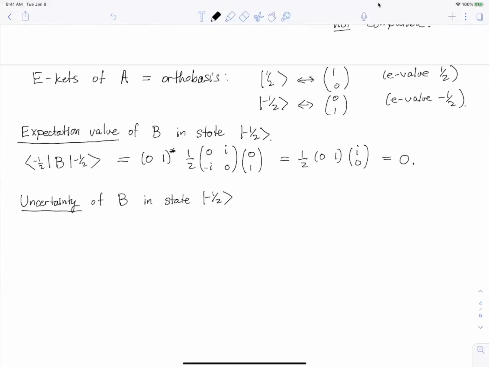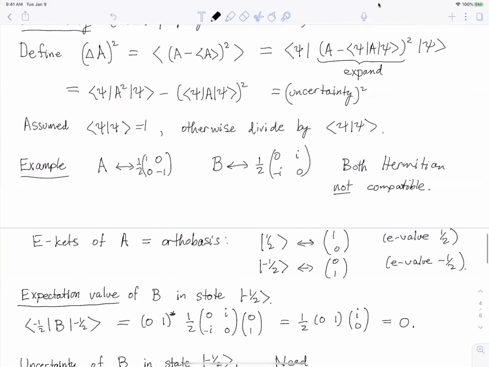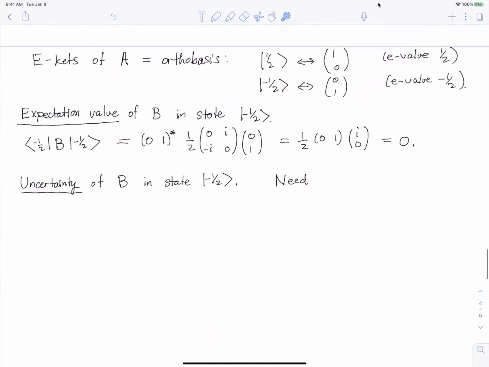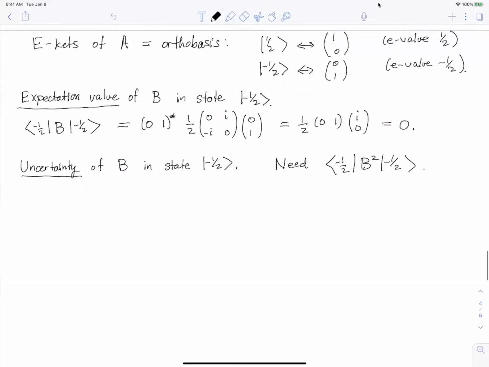Okay, and to do that, we need, according to this formula up here, except we're going to be using B in place of A in that formula, the expectation value of B squared. So let's compute that. Okay, that's equal to (0, 1). The square of B looks like this.